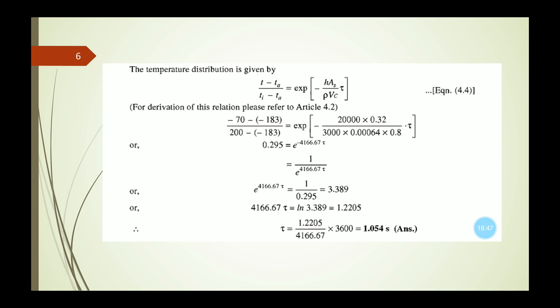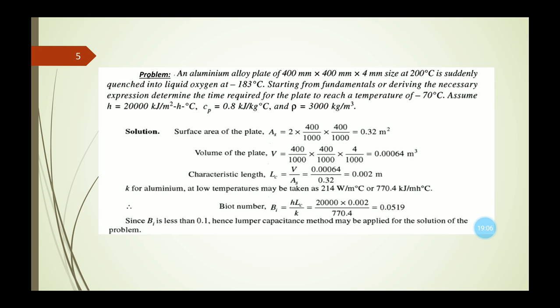So after some steps we get e to the power minus 4166.67 tau equals 3.389. Then after around 2 steps we get the value of tau, that is the time, as 1.054 second. So this is the time which is required for the plate to reach a temperature of minus 70 degrees centigrade.